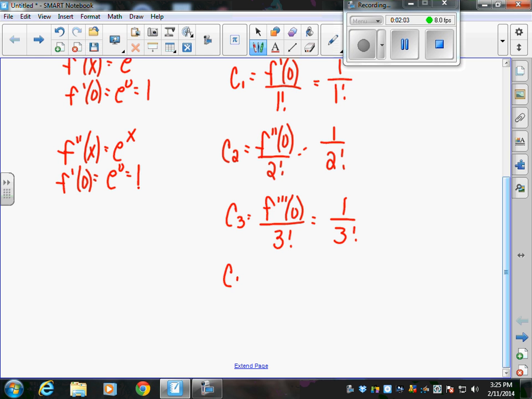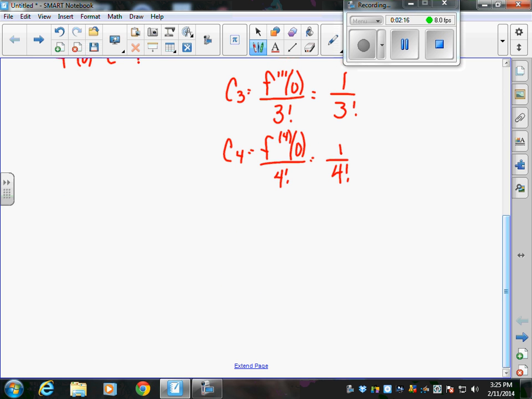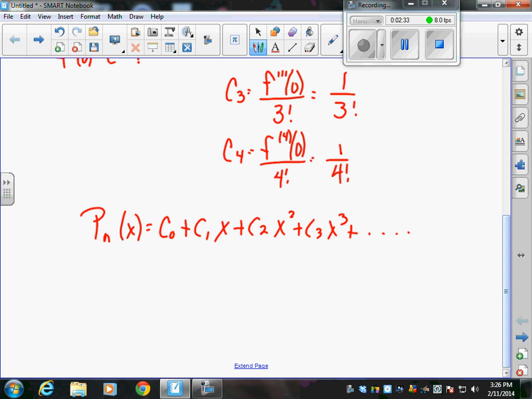Let's do one more, just for fun. The fourth derivative over 4 factorial, but that's going to be 1 over 4 factorial. So here's what we have so far then. P sub n, the nth degree power series, remember, is c0 plus c1x plus c2x squared, c3x cubed, and so on.